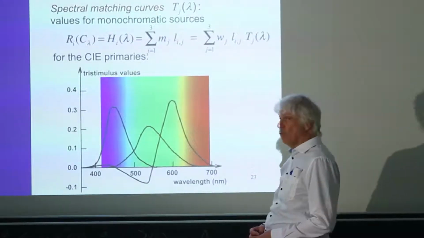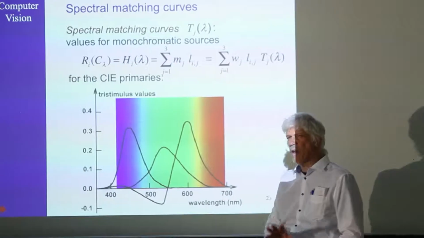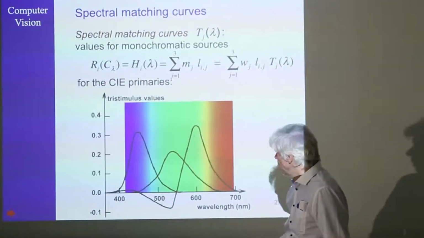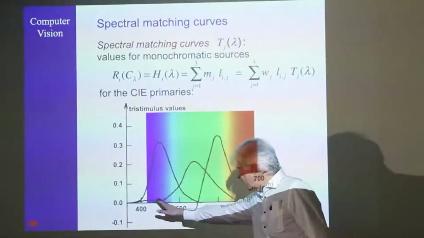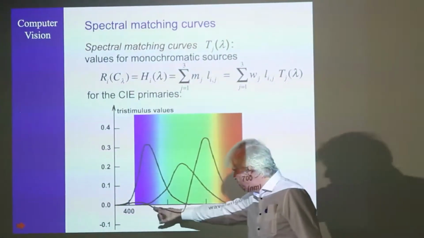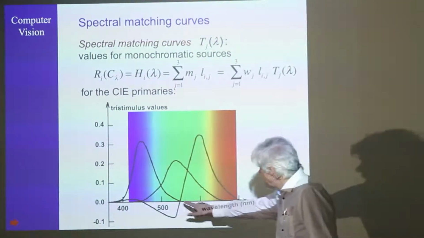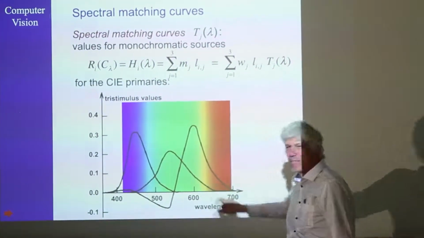Now, something about this curve you should feel is quite alarming, because as you can see, we don't only have positive values, we also have negative values, like this one. That's the most outspoken bit that is negative. Actually, here, this curve also goes below 0.